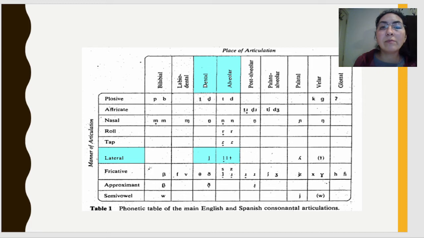For example, the four lateral articulations that are painted in blue in this picture are lateral, dental and alveolar. None of these sounds can function contrastively because they can never occur in the same phonetic environment.